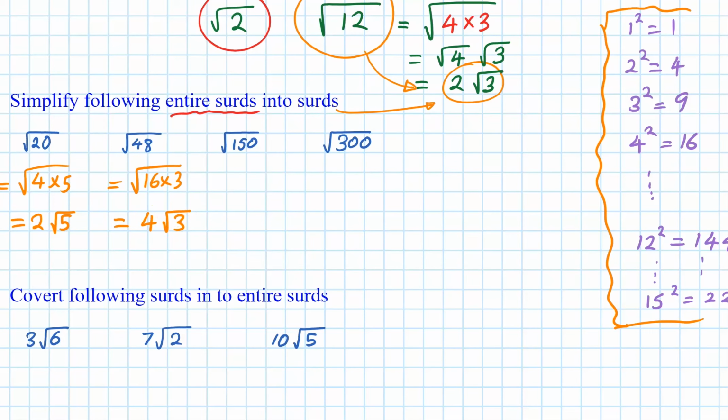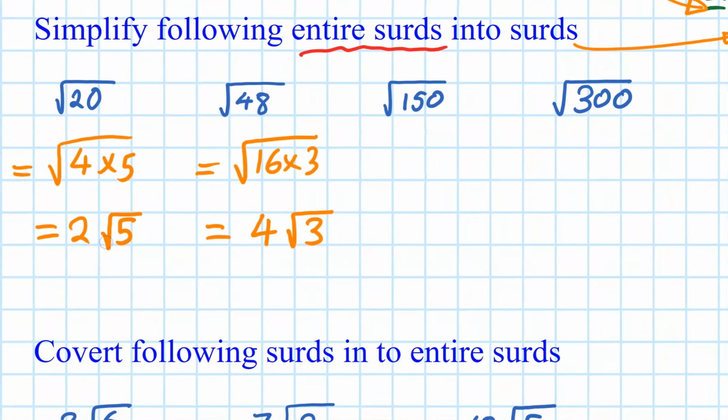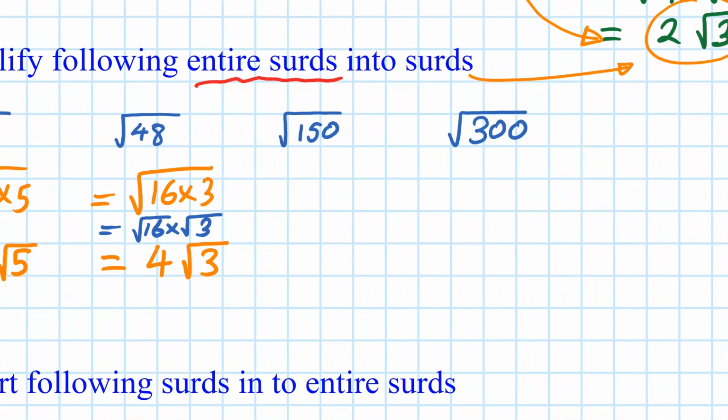The middle step which I bypassed here is the one in blue, root 16 and root 3, with a multiplication in the middle. Root 16 becomes 4 and root 3 itself. Well, now you know the point here. You understood. Let's move on.